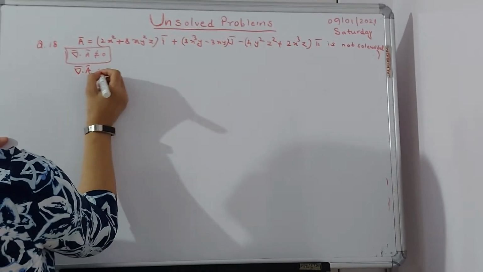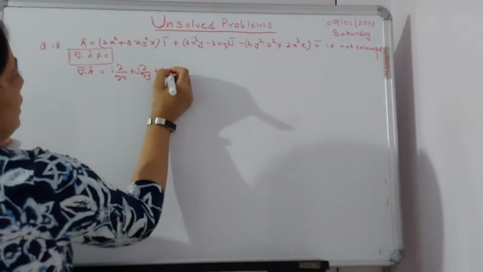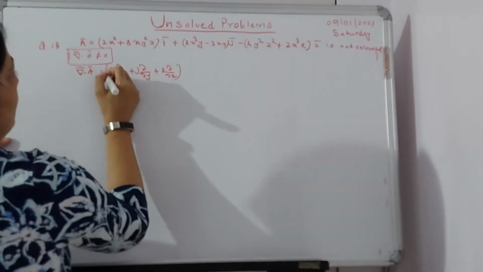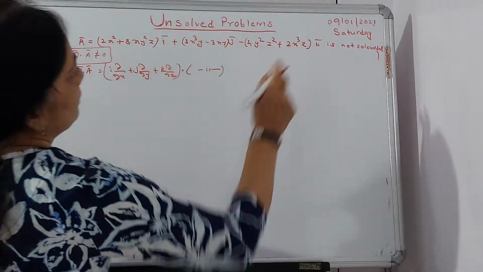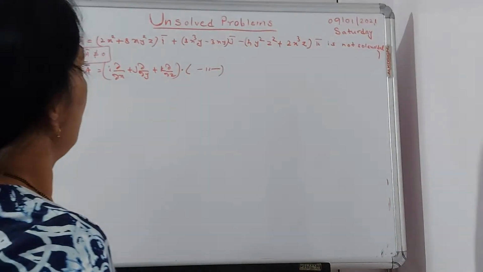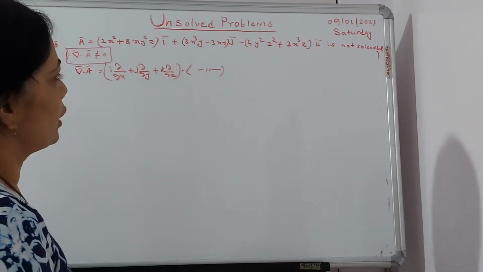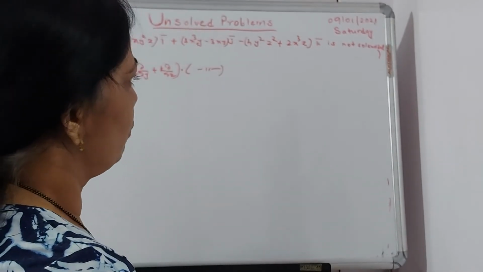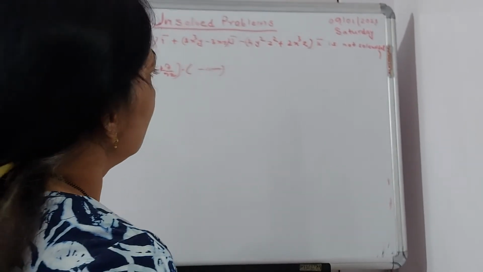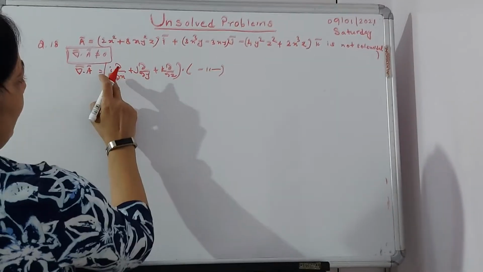Divergence of A is equal to i ∂/∂x plus j ∂/∂y plus k ∂/∂z dotted with the full vector, (2x² + 8xy²z) i + (3x³y − 3xy) j − (4y²z² + 2x³z) k. So we just want i dot i.